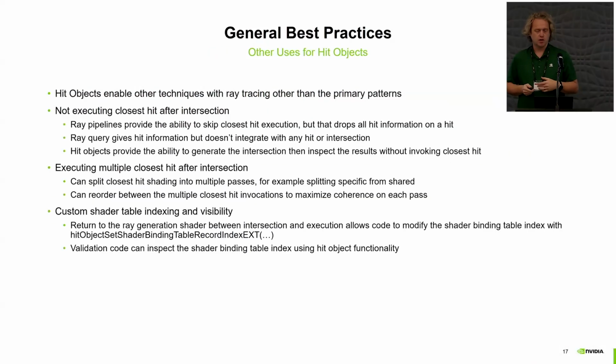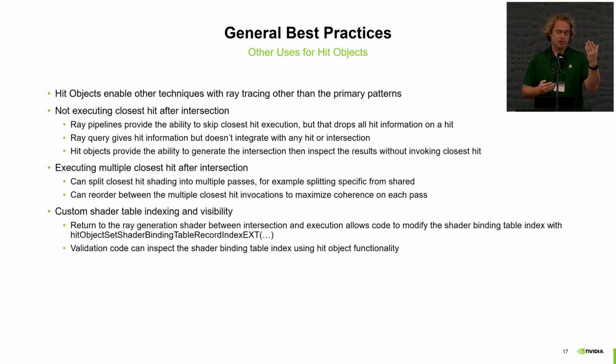And so a few general best practices. This one is not really a best practice, but seemed to fit best in this section. It's just other uses for hit object. The primary category that all of these fit into is you can change the frequency and the indexing between the hit and the invocation of the hit shader in a way that Ray Pipeline doesn't allow.